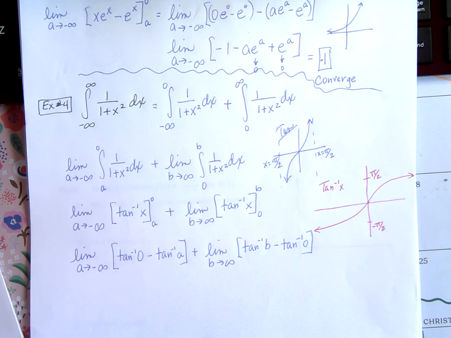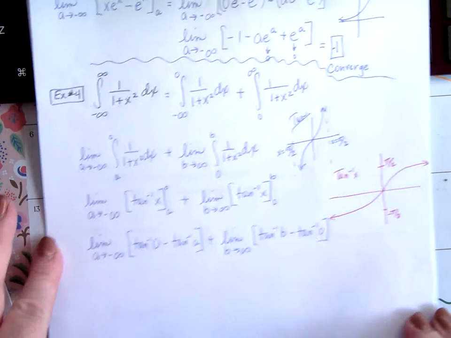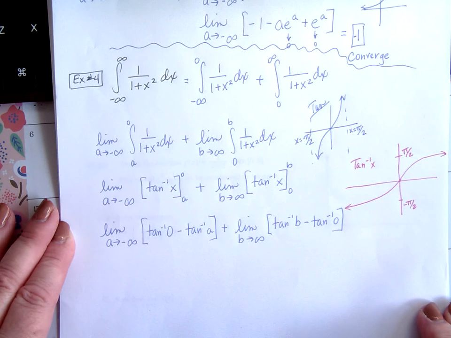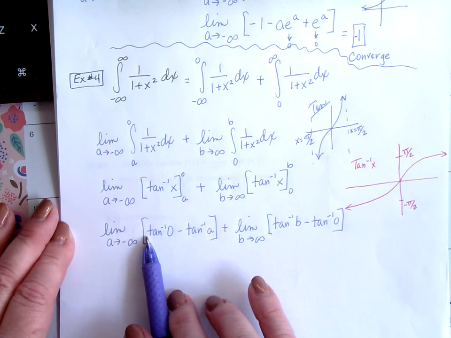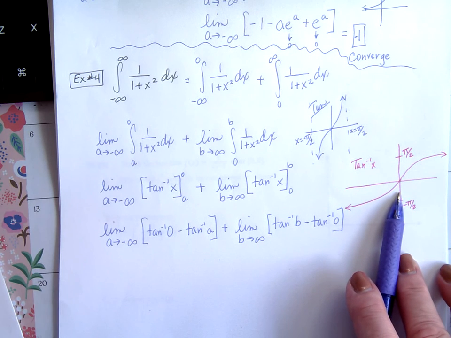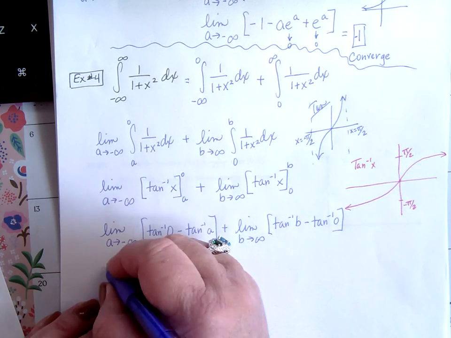Now that is going to help us because we're trying to do this without a calculator and without our charts on how to evaluate these things. So here I am back at my equation and I want to fill in, based off of my graph, what these values are doing. We haven't taken the limit yet.